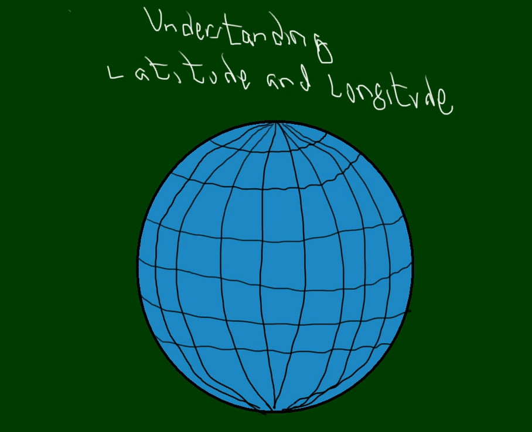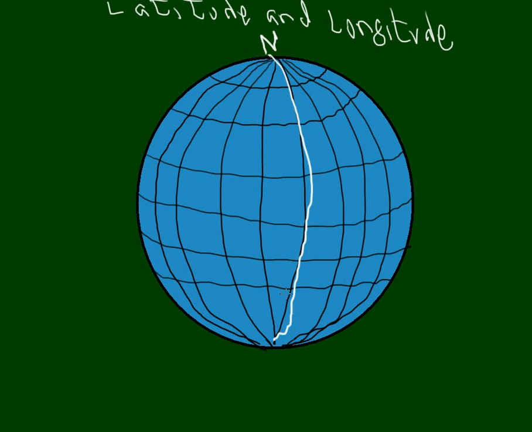You can see here on this nice blue Earth we have some longitude lines. I'll just draw a line down here to try to outline that particular longitude line. That is a north-south line that runs from the North Pole down to the South Pole.